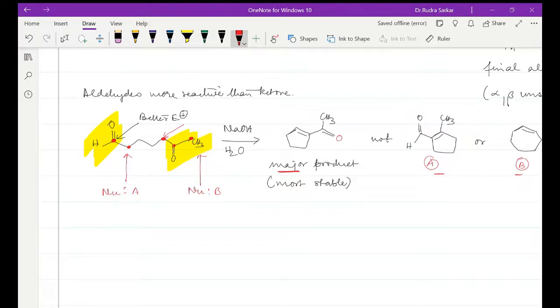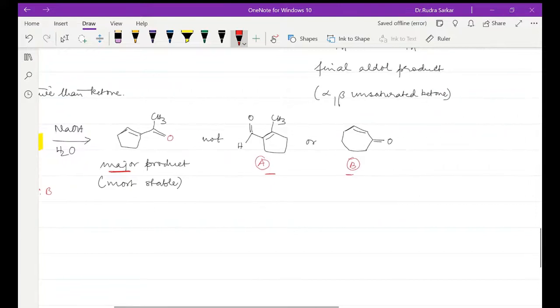But the 7-membered ring is less stable, due to angle strain. We know that.